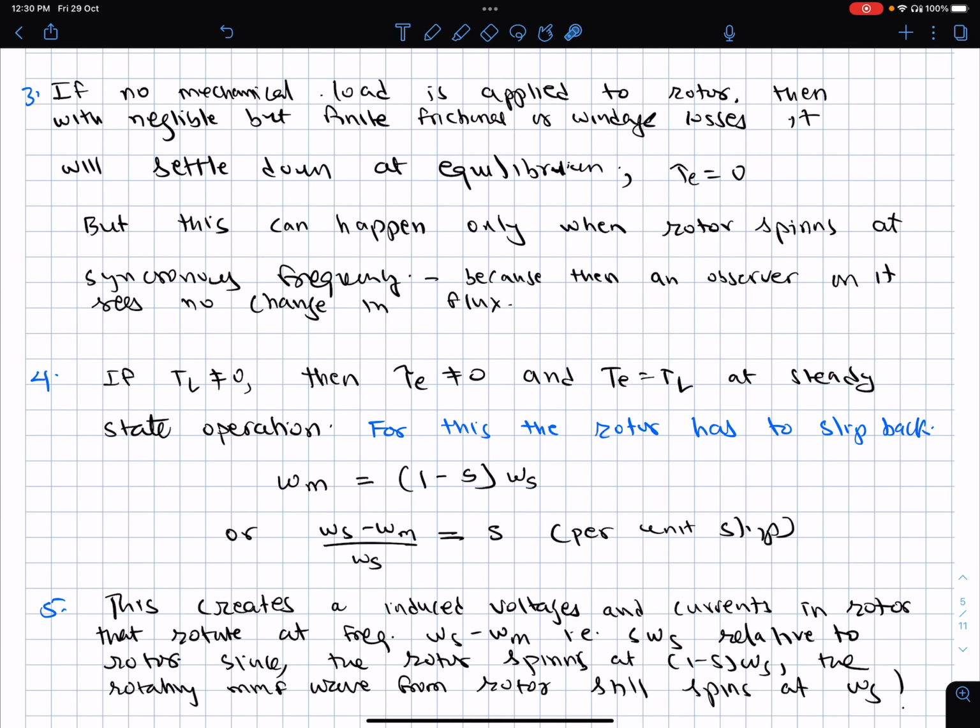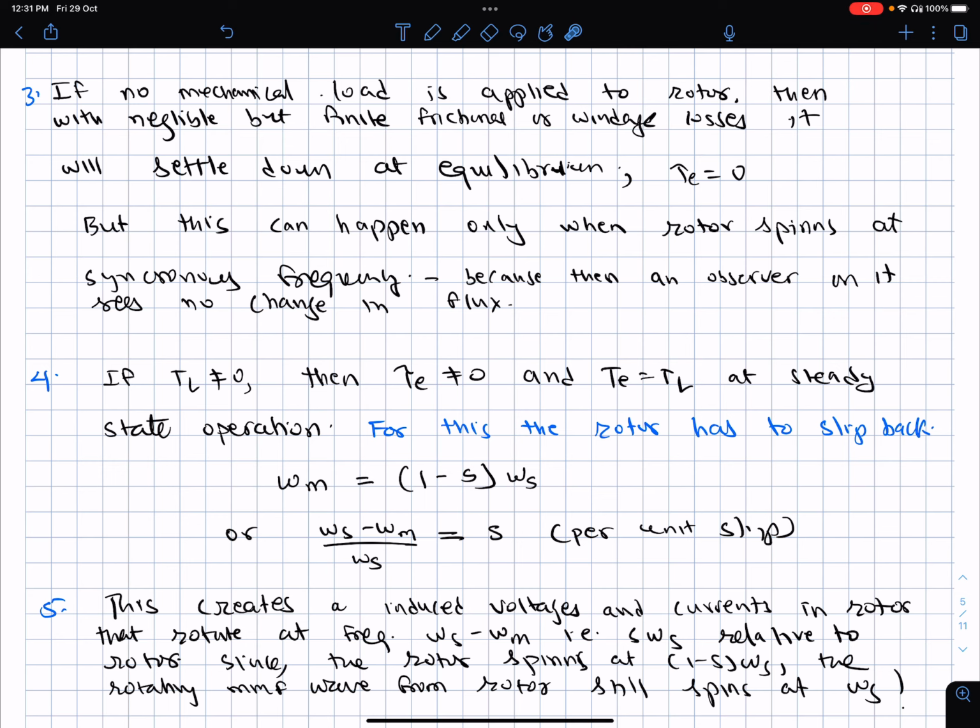The rotor sees a sweeping three-phase rotational mmf at the speed s times omega s. That means, suppose the rotor slips back by a fraction s, then the rotor speed will be written as omega m equals 1 minus s times omega s.